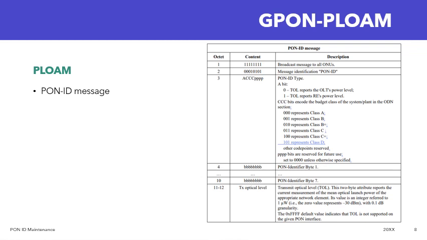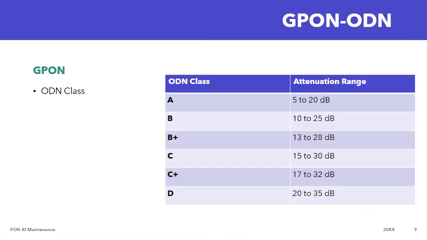It ranges from minus 30 dB to 30 dB at a scale of 0.1 dB, and if it is populated as 0xFF, then TOL is not supported in the given PON interface. So this gives a clear picture of what is the ODN class and what could be the attenuation range in that class. Based on this, it's up to the operator and field engineer to configure their network.